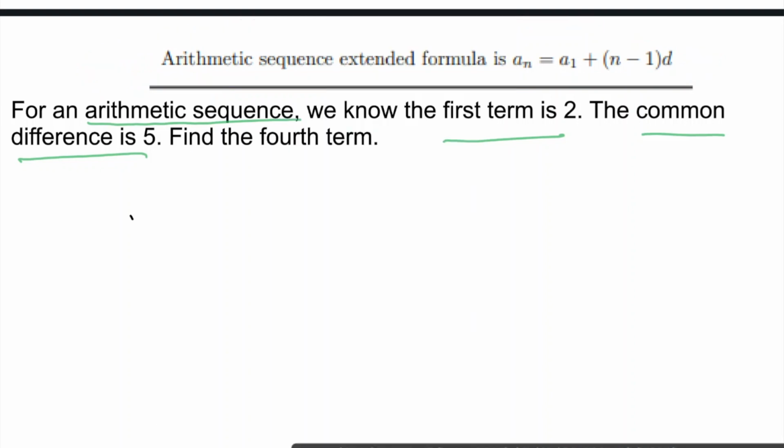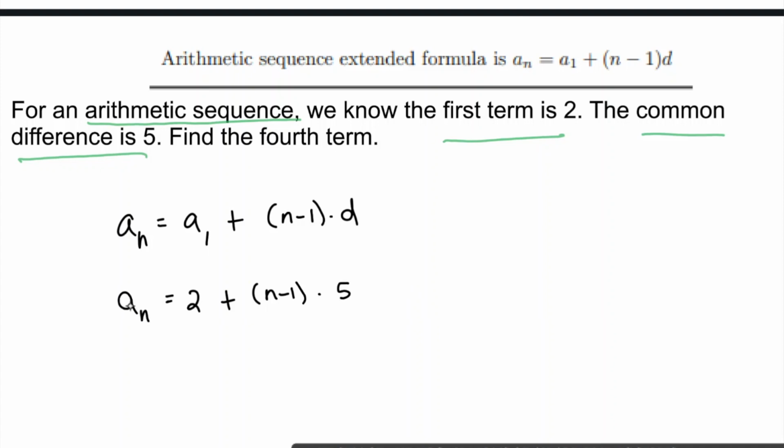So I know the general formula for an arithmetic sequence is always the first term plus n minus 1, that's part of the formula, times the common difference. Now we know the first term is 2, plus n minus 1 is part of the formula. The common difference here is 5. And this will give you the nth term for any part of this sequence.